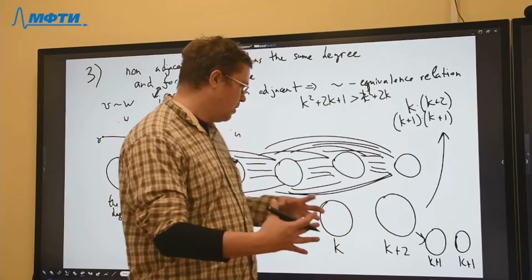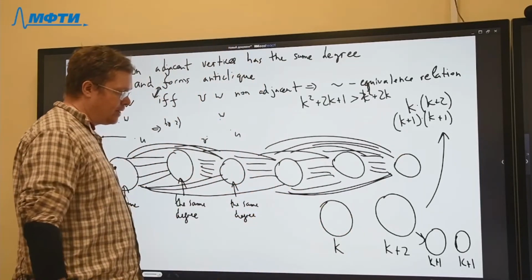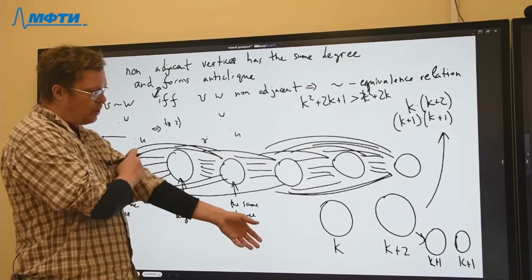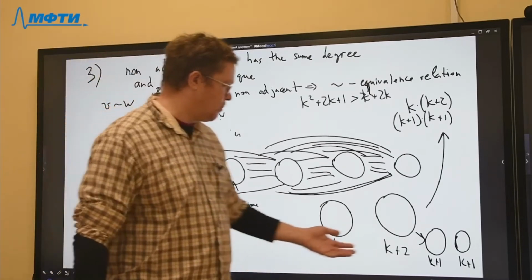And of course, if we have parts of different sizes, to take the maximal number of edges we want them to be as equal as possible.